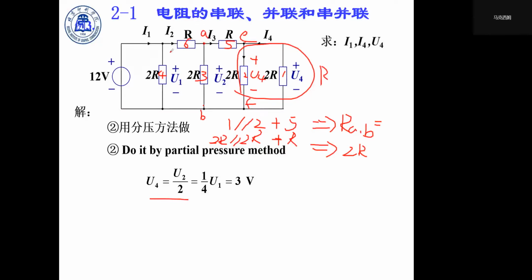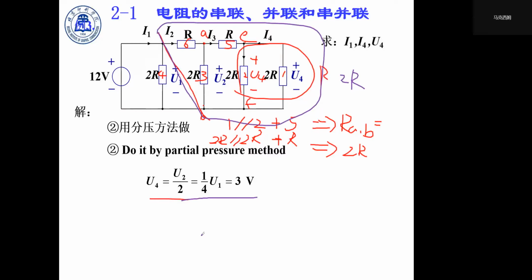We know that the resistance on this side, by using the method we mentioned before, is 2R. All those branches have the same value of U1, and therefore U2 is half of the value of U1. So we can calculate like this.